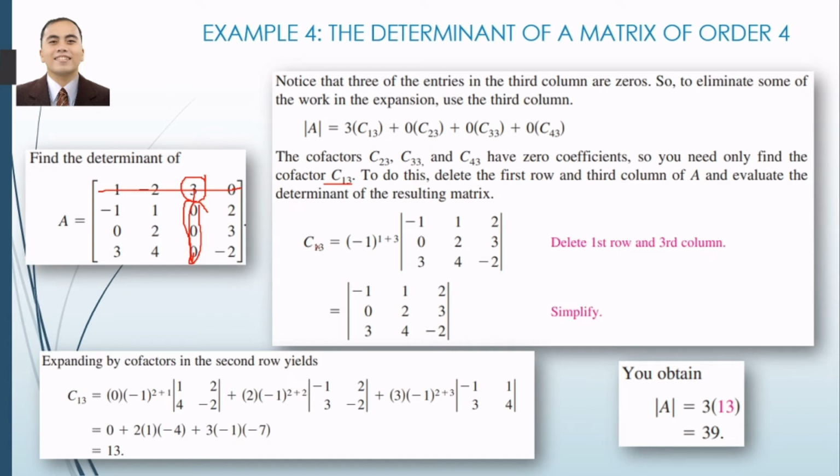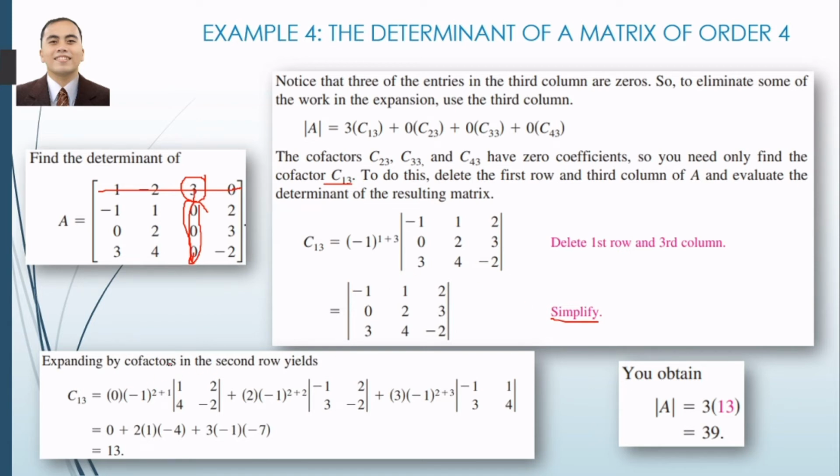So we have C sub 1 3 is equal to the quantity of negative 1 raised to 1 plus 3. So we have negative 1, positive 1, 2, 0, 2, 3, 3, 4, negative 2. Then we need to simplify.